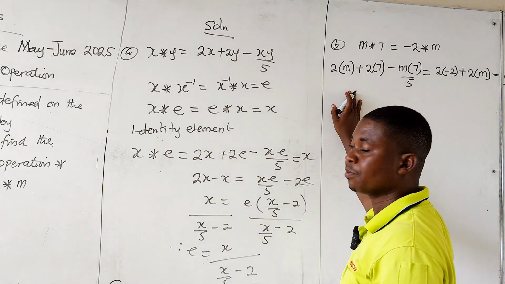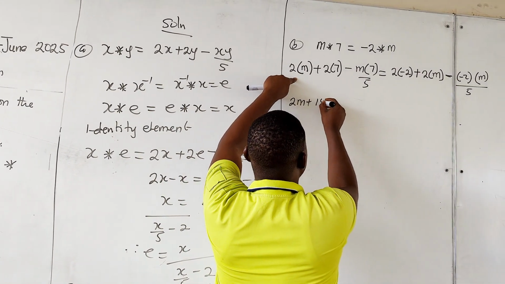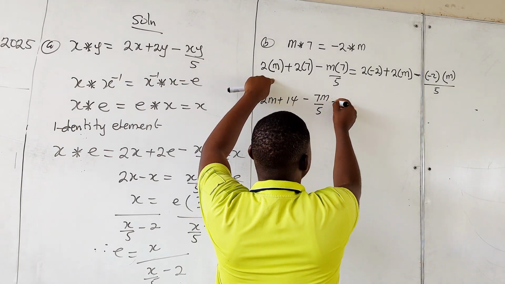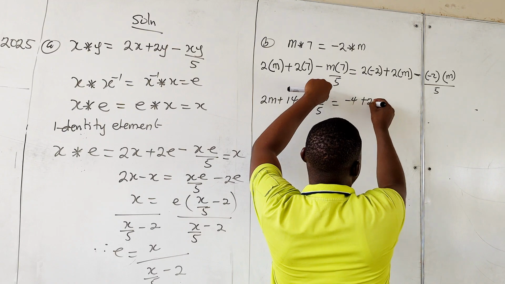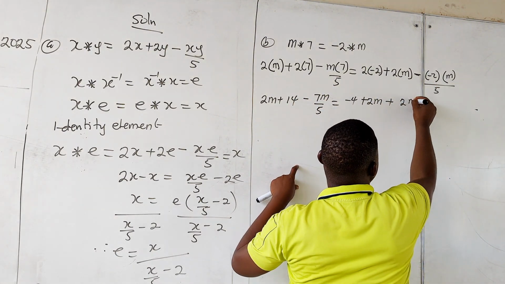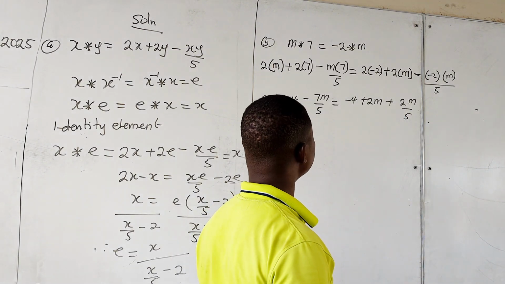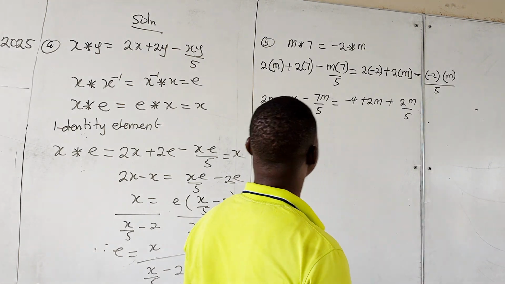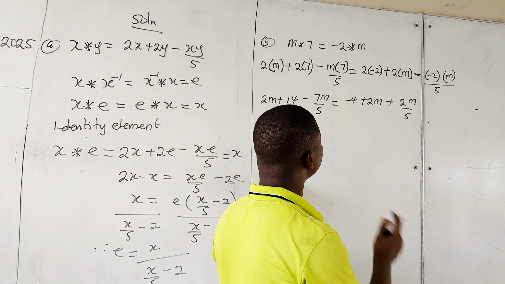So let's begin to simplify this side. This will give you 2m plus 14 minus 7m over 5 is equal to negative 4 plus 2m plus 2m over 5. At this stage, we can decide to multiply each by the LCM, which is 5, but I think we can do some cancellation or grouping.